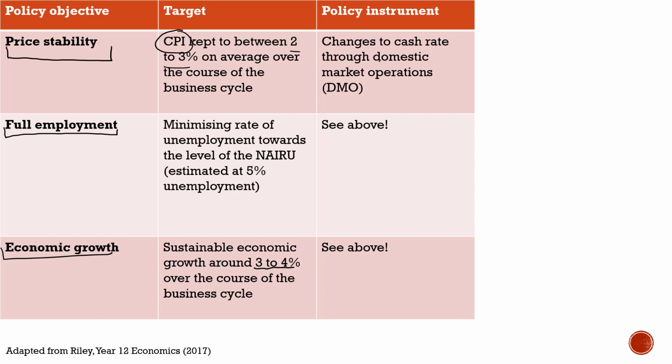But for the moment, think about the fact that the goals of monetary policy are 1, 2, and 3, and the specific targets are in this column here. And all of this is adapted from Tim Riley's section in the Year 12 Economics textbook.